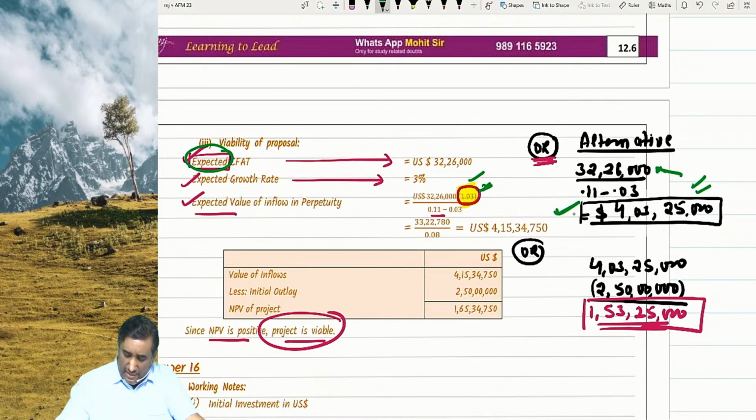These are your perpetual cash inflow minus your initial outflow. In both cases, the NPV is coming as positive only. Quickly check that out, please.